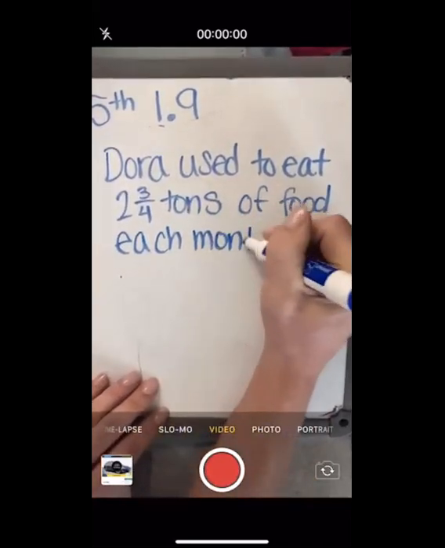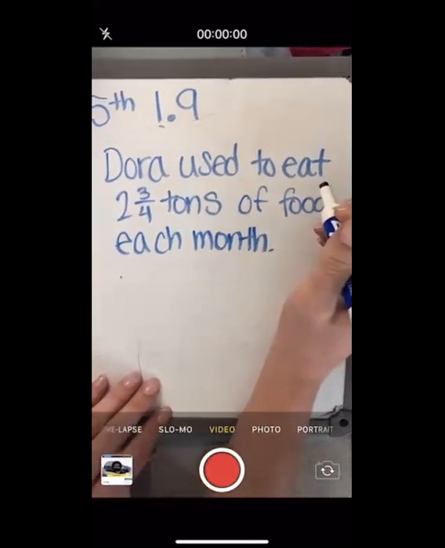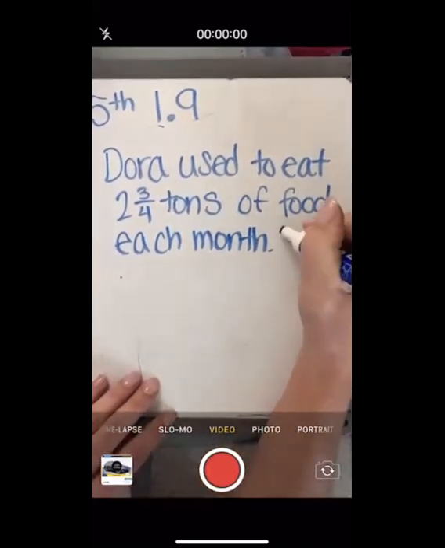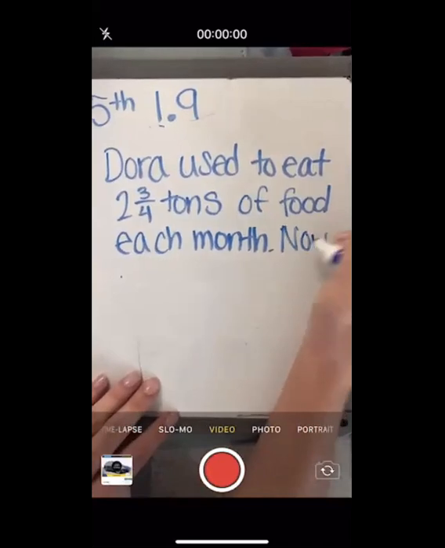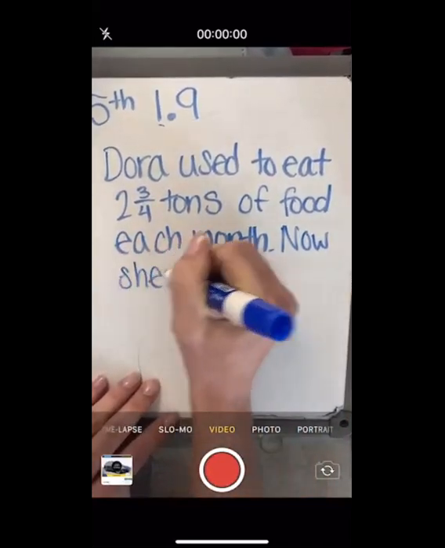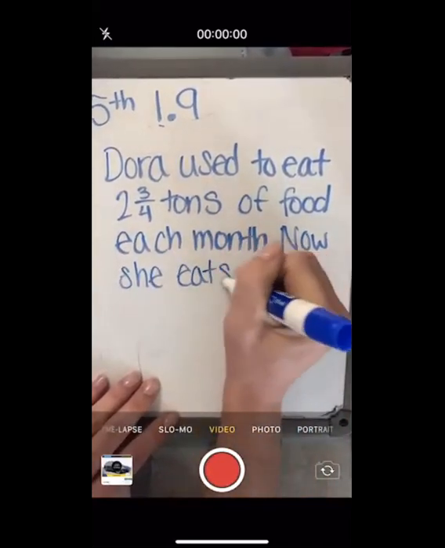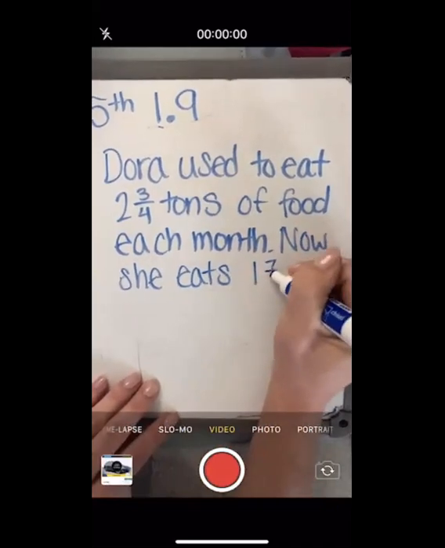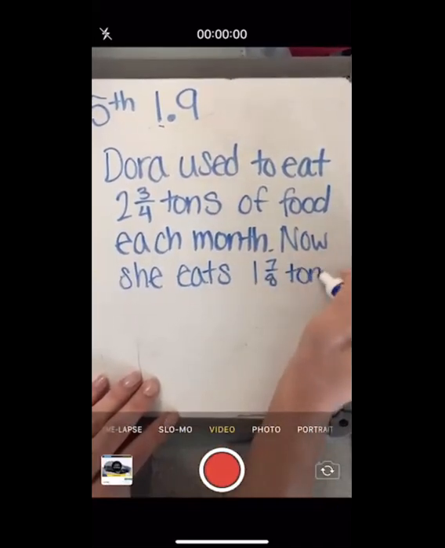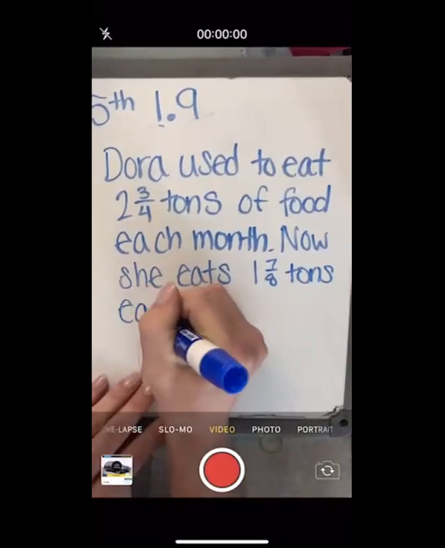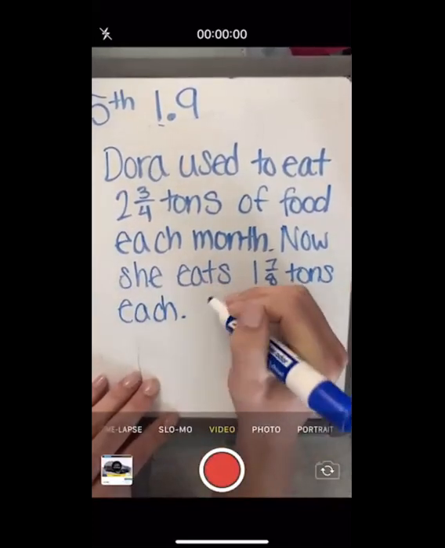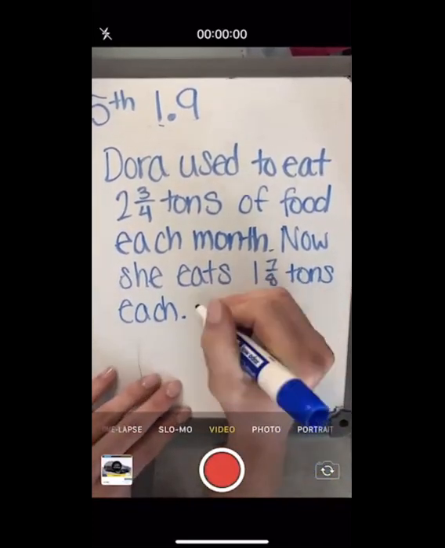But she got too fat, they put her on a diet. Now she eats 1 7/8 tons of food each month. How much did they decrease her food for her diet?